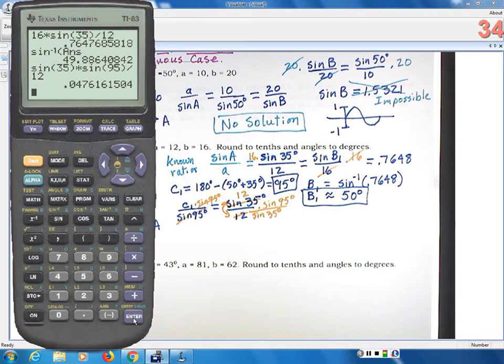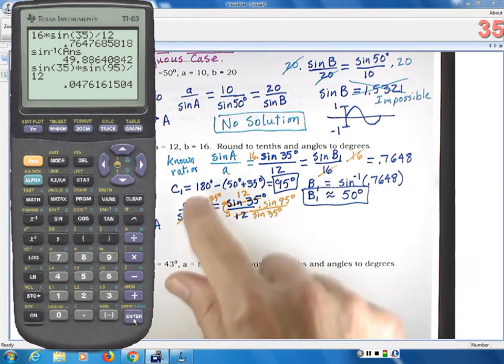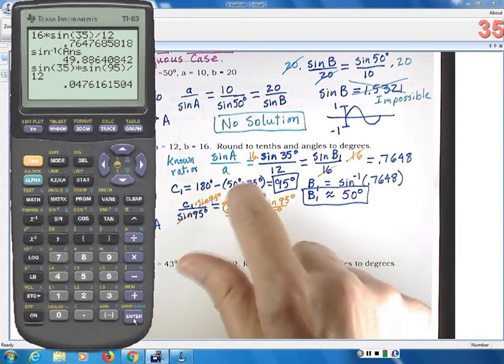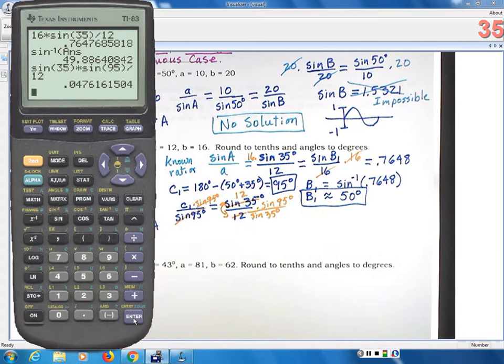There's no way you're going to have a side that rounds to 0 to the nearest 0.1. So I have to keep the ratio the same. I had side over sine. This has to be side over sine. Sorry about that.